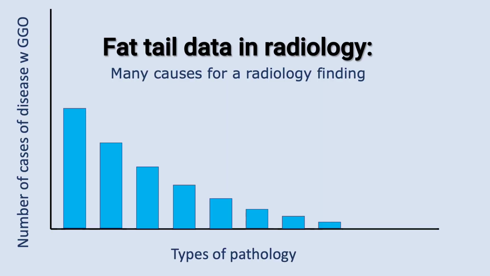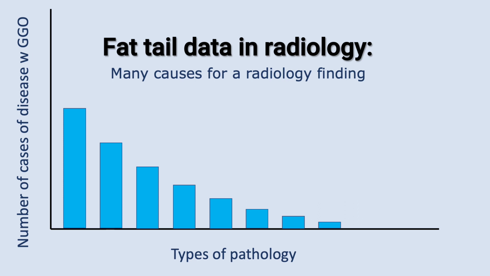This is called a fat tail of diagnoses. There are a lot of causes for these radiology findings. Prior to COVID, some of the most common causes were viral pneumonia, pulmonary edema, sometimes pulmonary emboli. But it turns out there are 29 different things listed in a differential diagnosis of ground glass opacity.